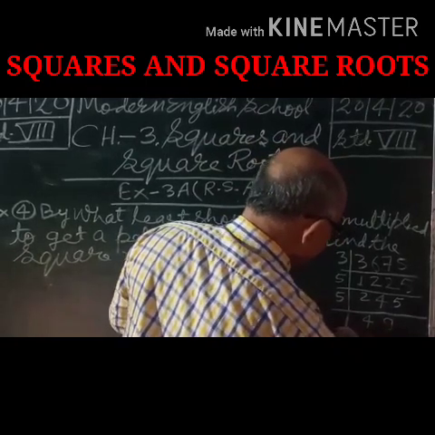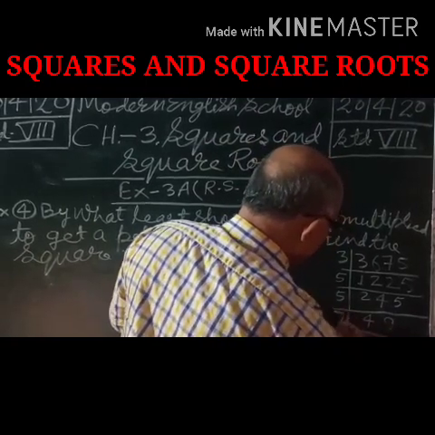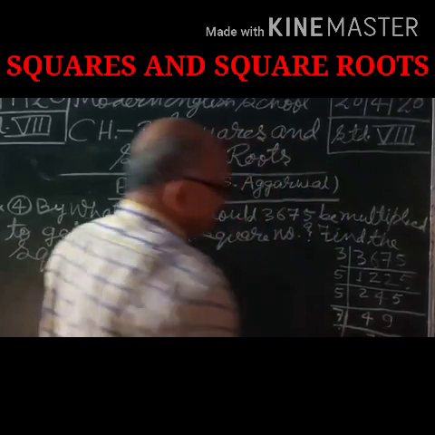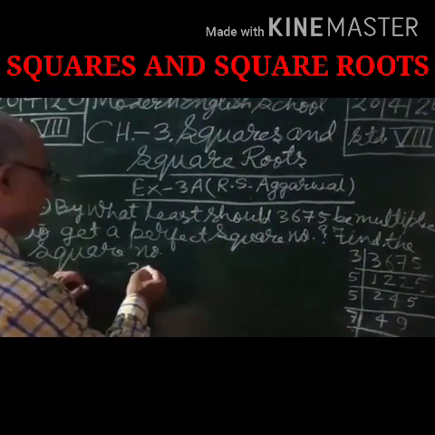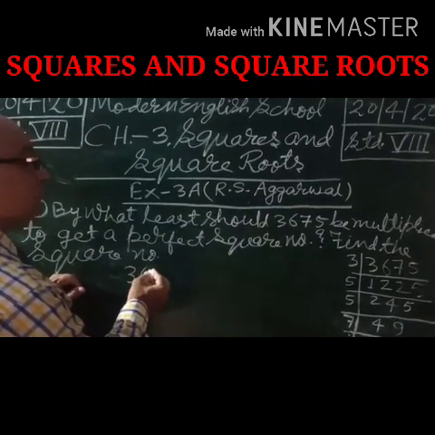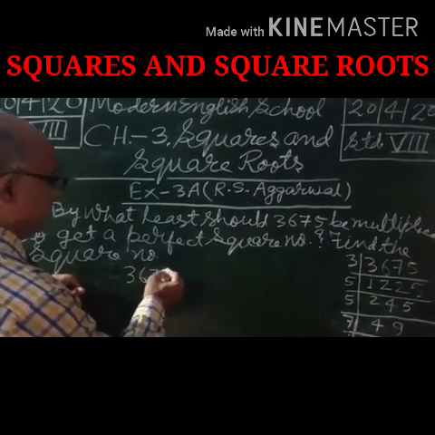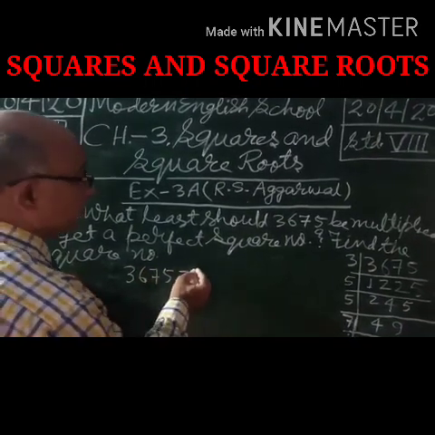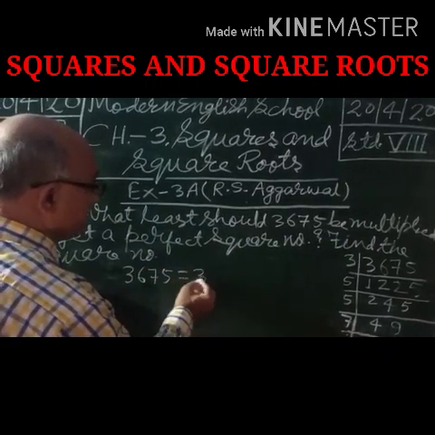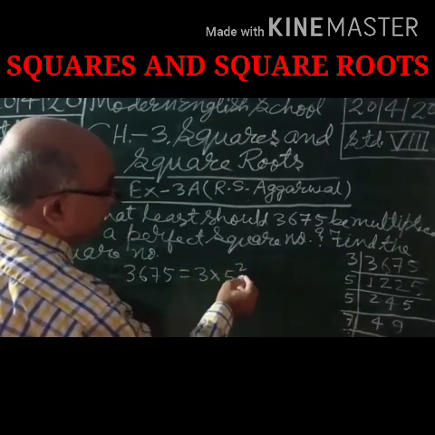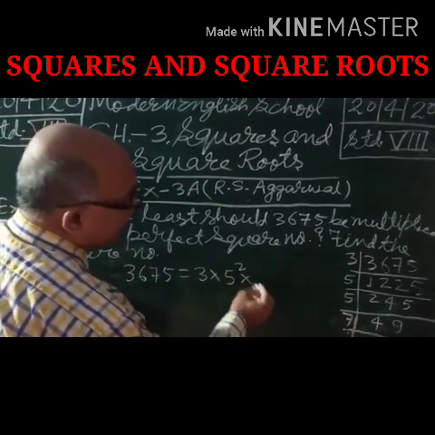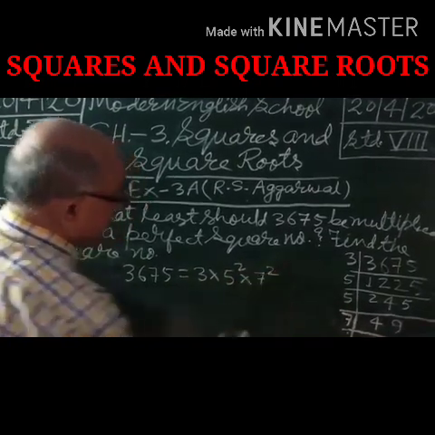Now 7 times 7 is 49. So 3675 equals 3 into 5 into 5, 5 squared, and 7 into 7, 7 squared.